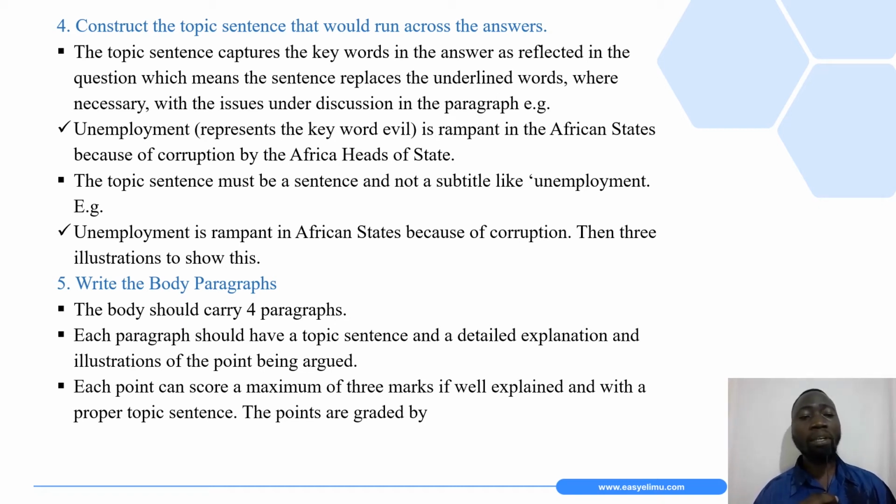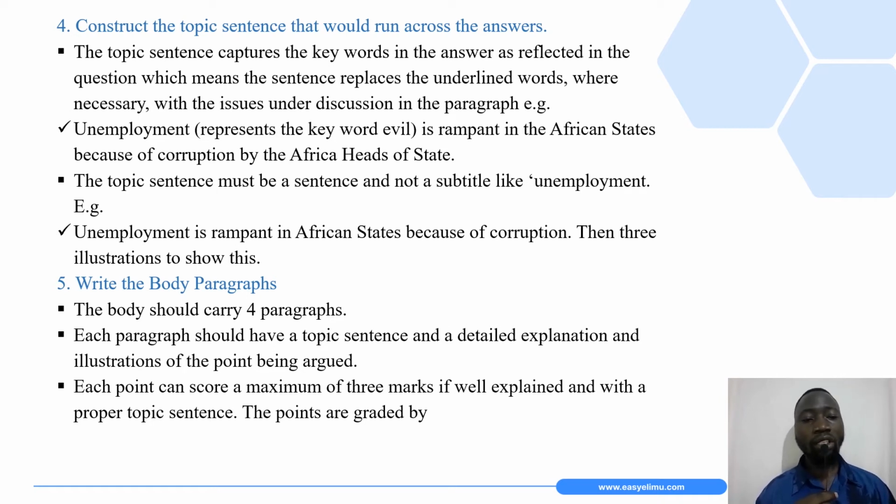Another thing is that the topic sentence must be a sentence and not a subtitle, like simply unemployment. So you cannot start by using unemployment as your topic sentence and putting a period after it, because that is not even a sentence, that is a word. So unemployment can be used to create a topic sentence, for example, one that says unemployment is rampant in African states because of corruption.